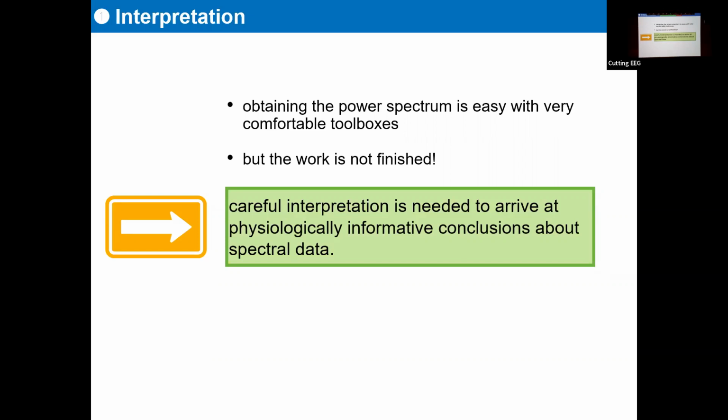You get some numbers, and it is your job now to relate them to physiologically valid constructs. So you need careful interpretation to make valid conclusions. Okay, that's a bit about interpretation. Are there any questions so far?